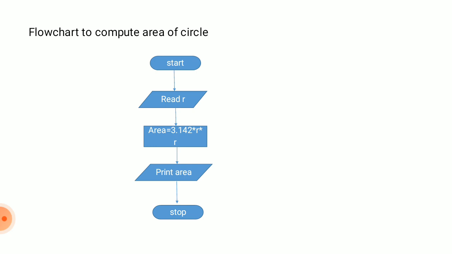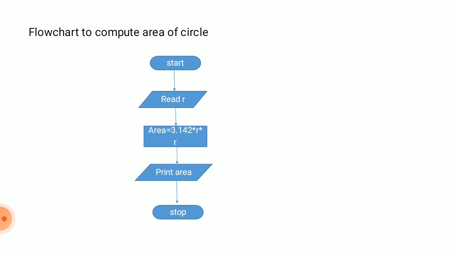Whatever answer you got, that is stored in area, so that you print again in the parallelogram. As I told, for input and output we use the same symbol, so print area. So the flow is start, read, process, print, and finally stop. So this is a very simple flowchart.